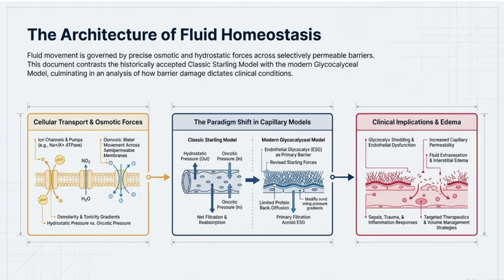However, the modern concept emphasizes the endothelial glycocalyx as a primary barrier. This shifts the understanding towards continuous filtration with minimal reabsorption, and lymphatics play a major role in returning the fluid. Clinically, when glycocalyx is damaged, like in sepsis or trauma, we see increased permeability and interstitial edema.